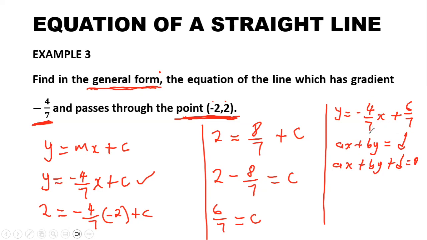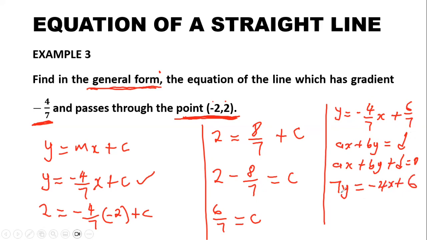So to get rid of these denominators, we have to multiply through by 7. So it means that 7y is equal to, times 7 will cancel out the 7 at the denominator, so minus 4x plus 6, times 7 will cancel the 7 at the denominator.